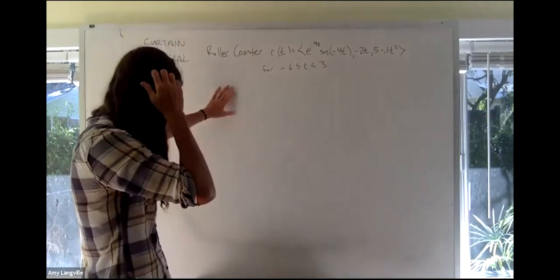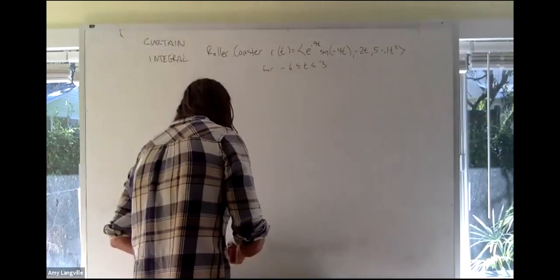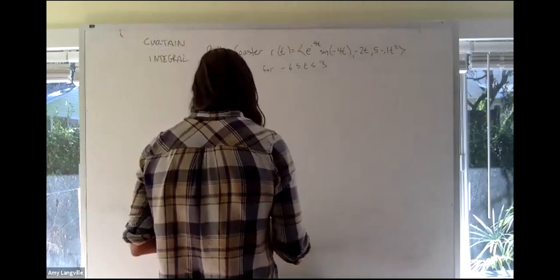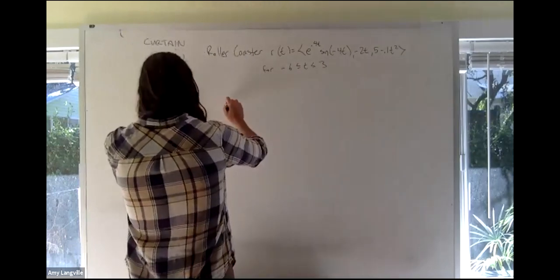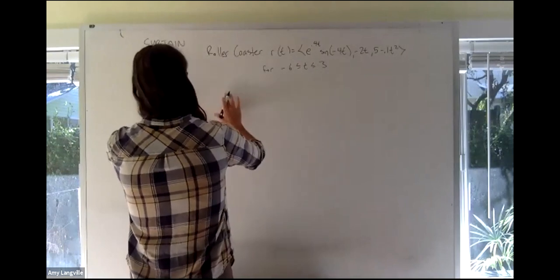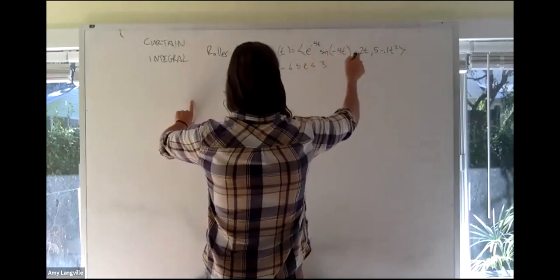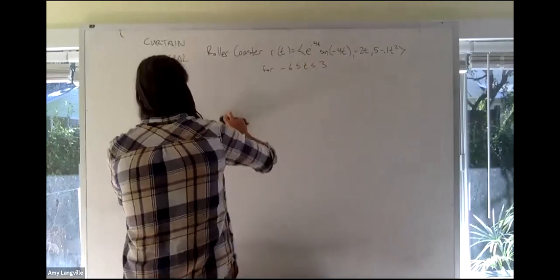Okay, so for this roller coaster, we can set it up, but as usual, we're going to need a tech tool to do that. And so the setup would be that we're going to be taking an integral from our t limits -6 to 3 of the derivative of this in the X and Y component. So actually, let me make some space.